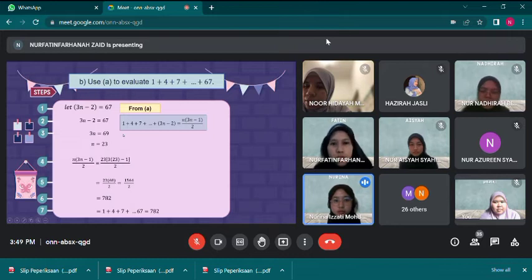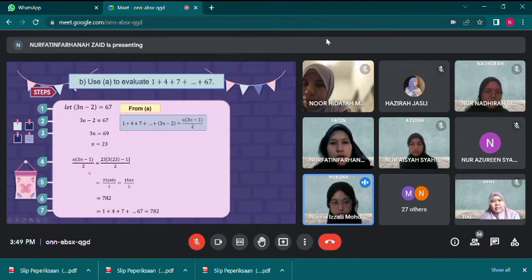We know from A, 1 plus 4 plus 7 plus ... plus 3n minus 2 equals n(3n minus 1)/2. So 3n minus 2 equal to 67, 3n equal to 69 and n equal to 23.